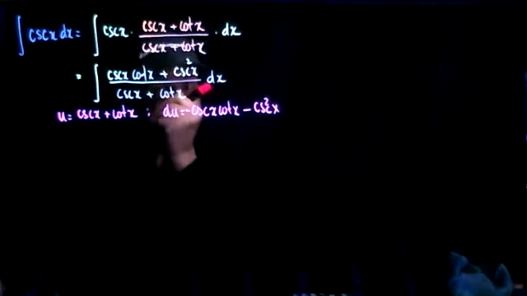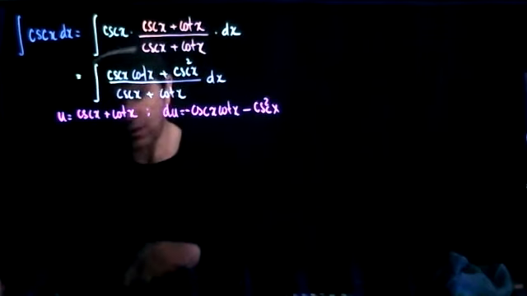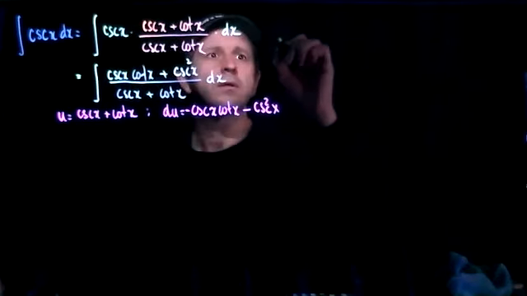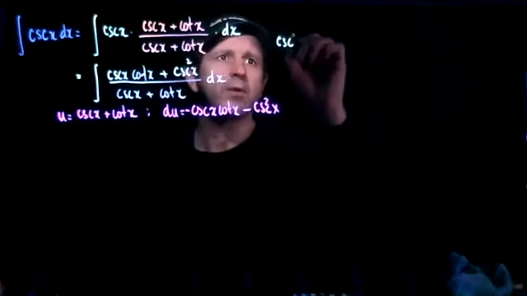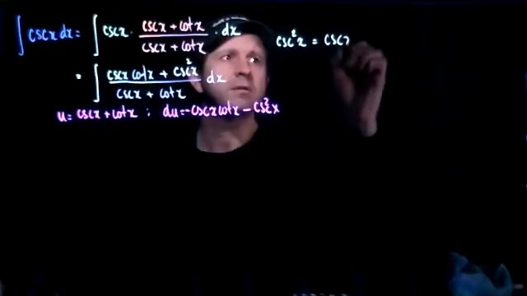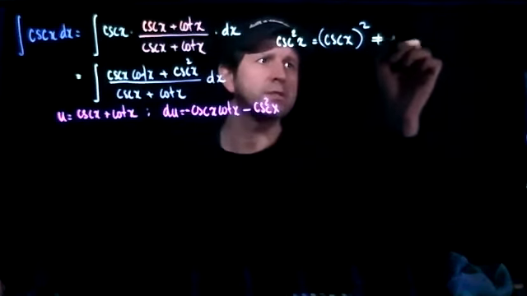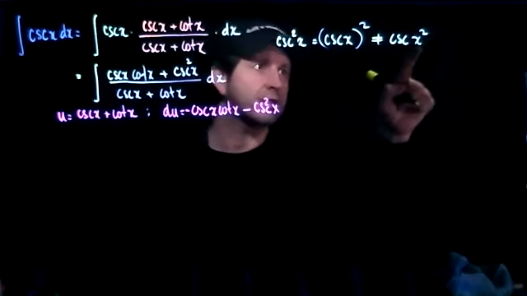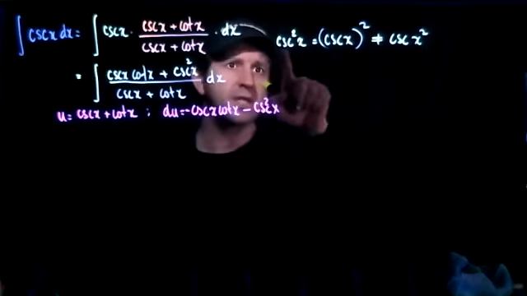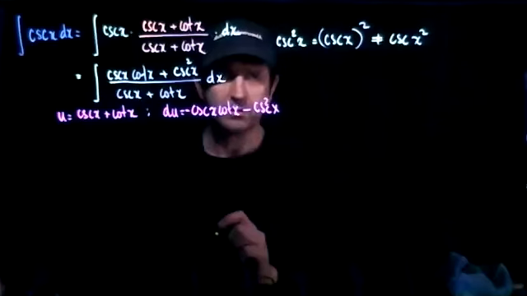No. It's cosecant x, all that squared. When I write like this it means this. Don't get confused with this. That's not the same thing. That's cosecant of x squared, and this is cosecant of x, all that squared. Not the same thing. Okay?